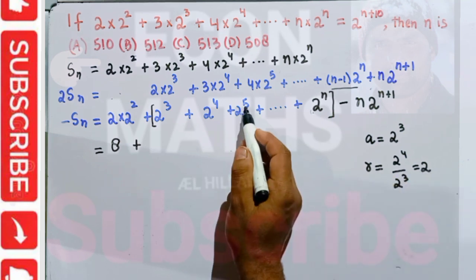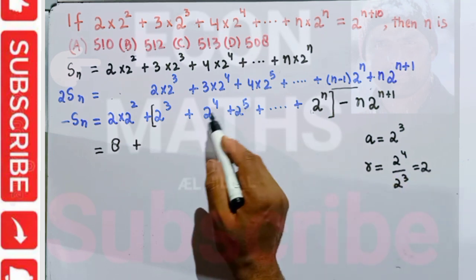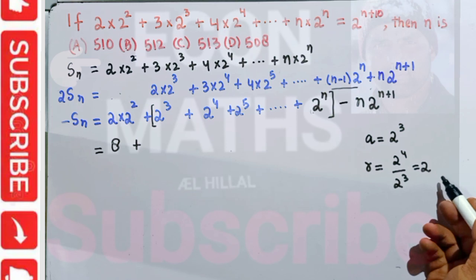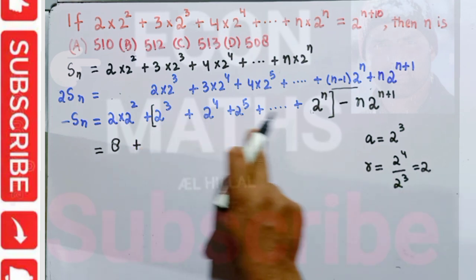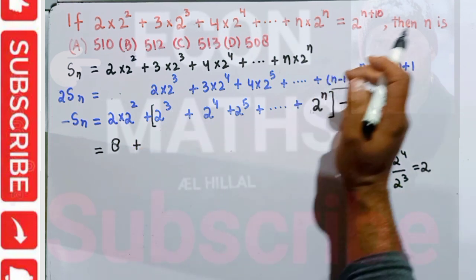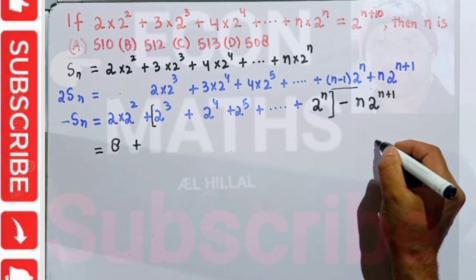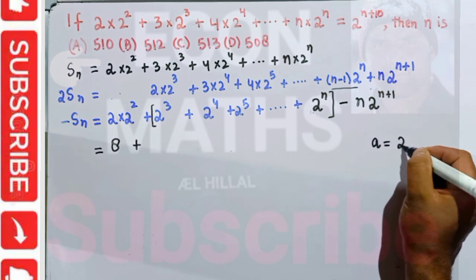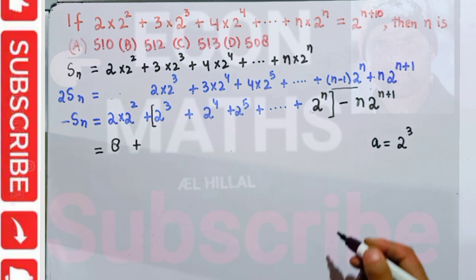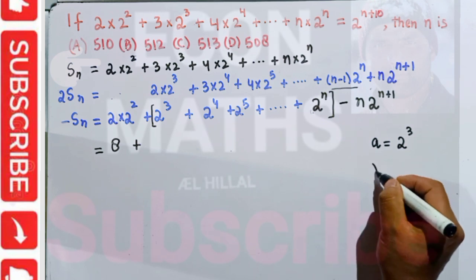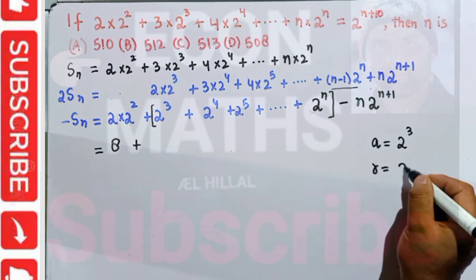And you can see if you divide 2 raised power 5 by 2 raised power 4, you will get the same ratio. So this series is in geometric progression. Our first term is 2 raised power 3, common ratio is 2.